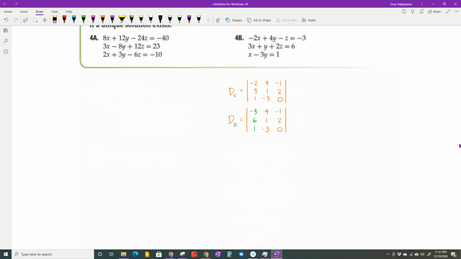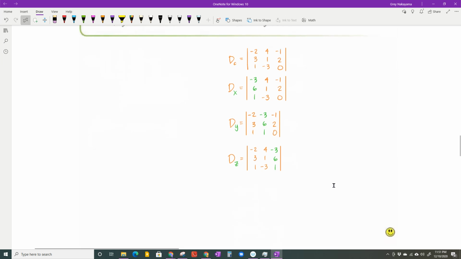Then I have the determinant of Y. My X coefficients stay the same, my Y coefficients are replaced with the constants, and then I have my Z's. And then I have the determinant of Z. X coefficients stay the same, Y coefficients stay the same, and the Z coefficients are replaced with your constants.